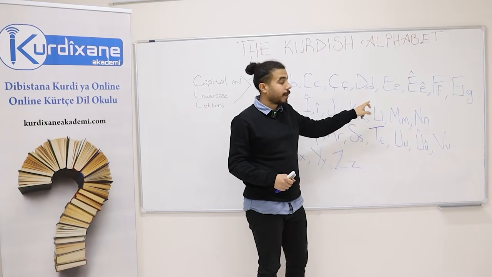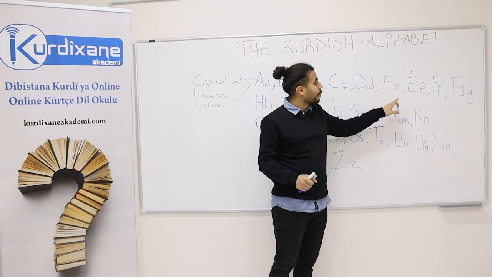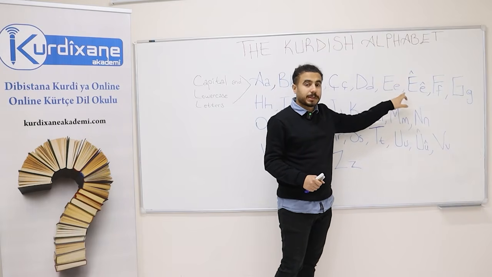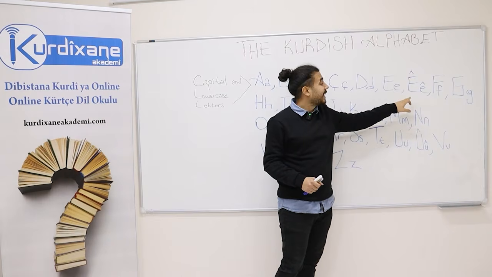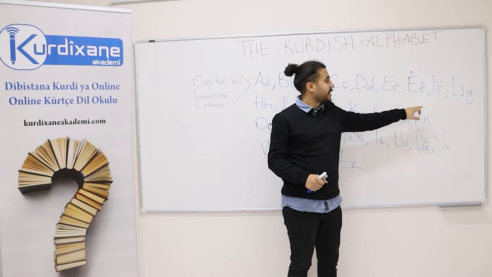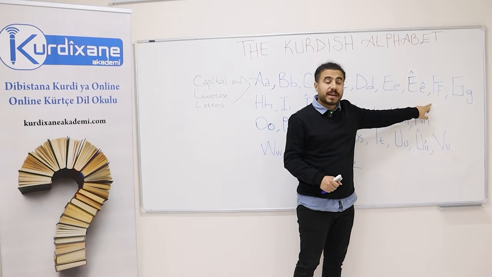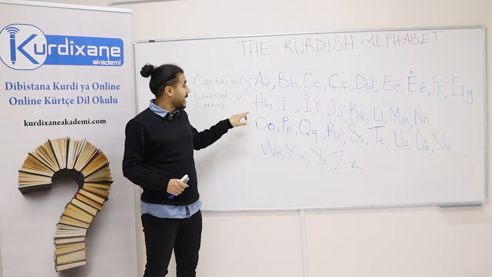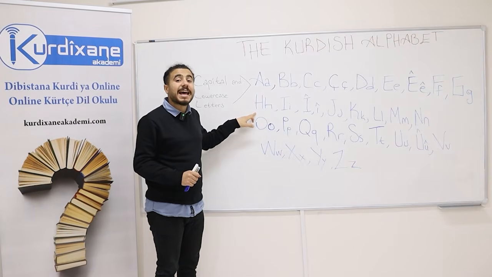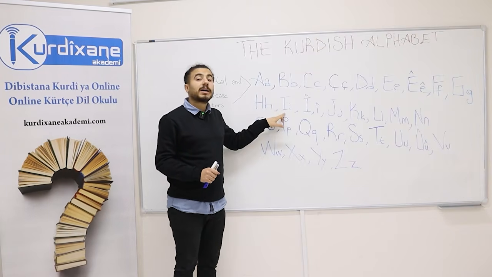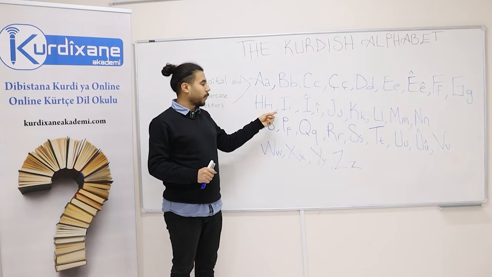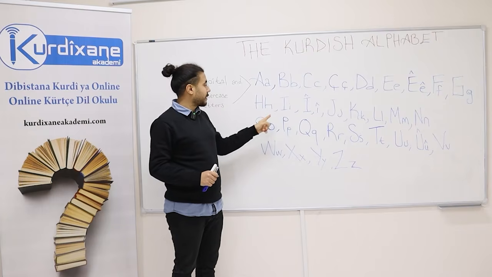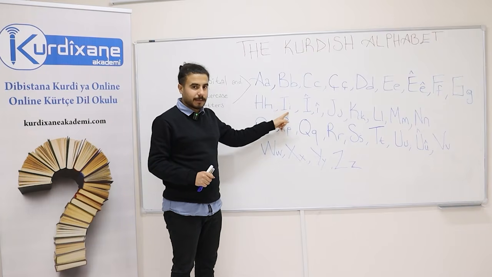D, E. This sound is a little bit peculiar to Kurdish. E, F, G, H, I. So as you can see, when this letter is written in capital, it's a bit different from the lowercase letter.